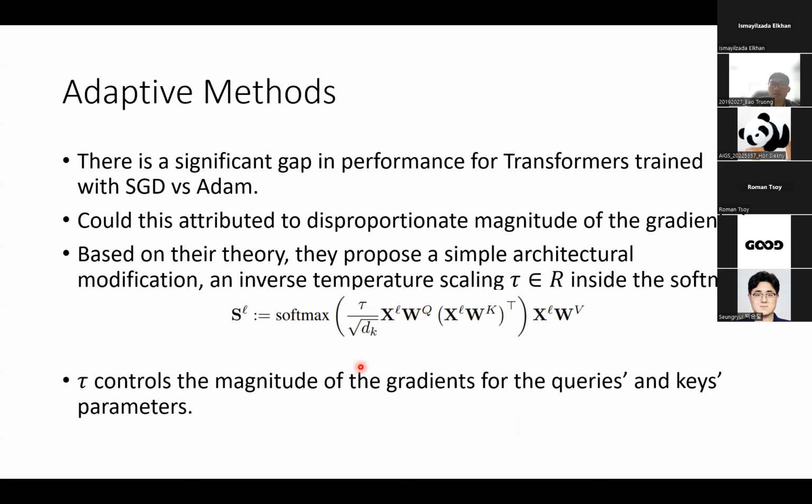They add an inverse temperature scaling inside the softmax. They can set the temperature in such a way that the expectations of the gradients of different parameters match. And now by doing this very simple trick, we can train a comparable transformer using just SGD.